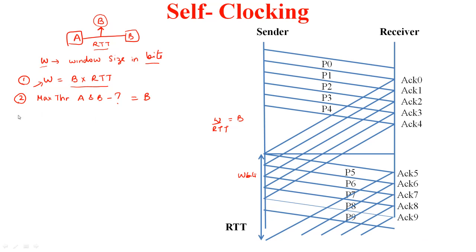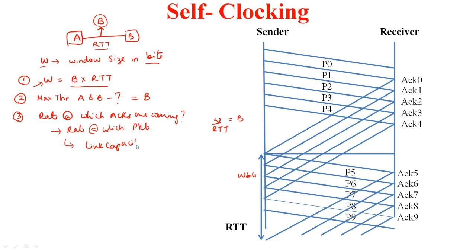Now tell me, what is the rate at which ACKs are coming? Now this is equal to the rate at which you are sending the packets, because you are generating one ACK for every packet that you are getting. And at what rate are these packets getting sent? This is dictated by the link capacity.